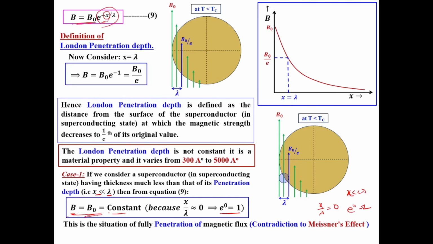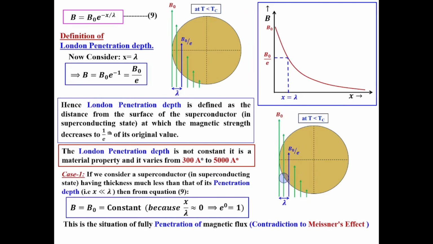This situation is nothing but the full penetration of the magnetic flux, which contradicts Meissner's effect.